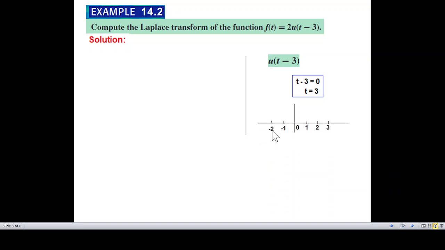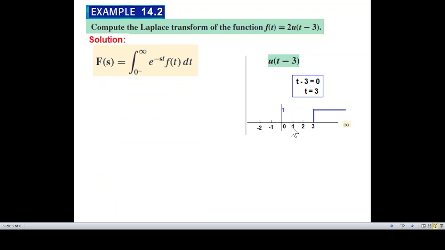As we'll do, this is our axis line, and now the function will start from t equal to 3, as shown here. So this is our u(t) function, and before this the function is 0.